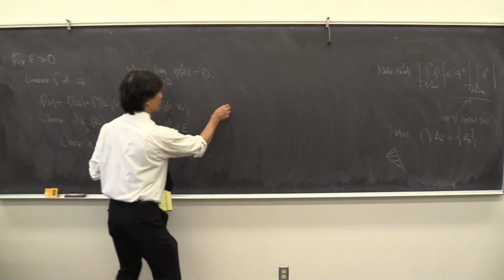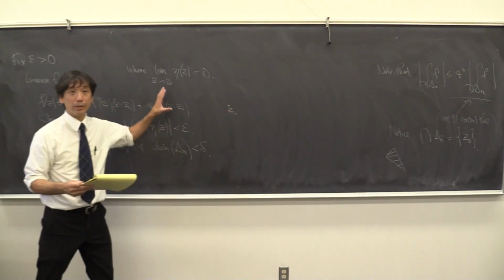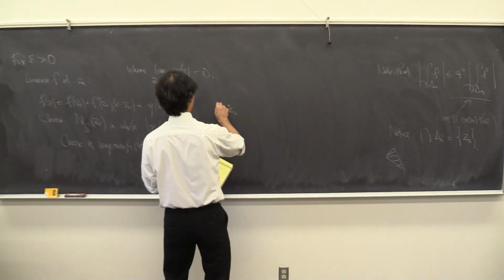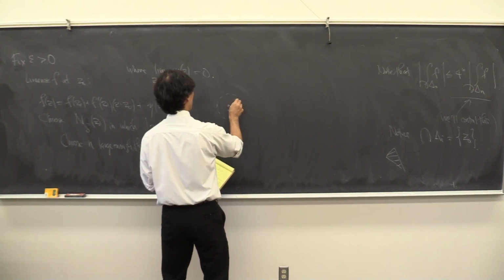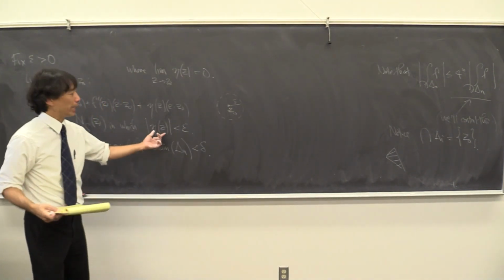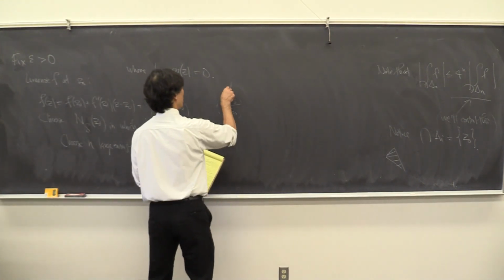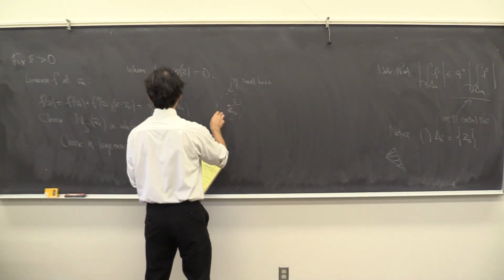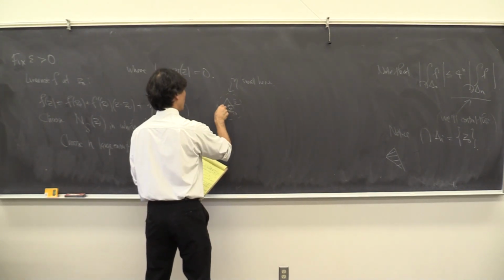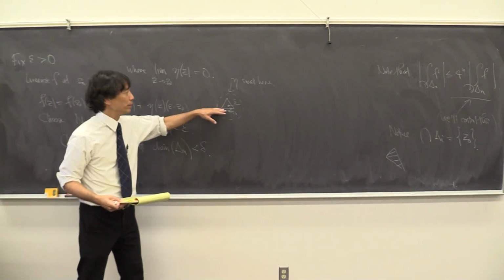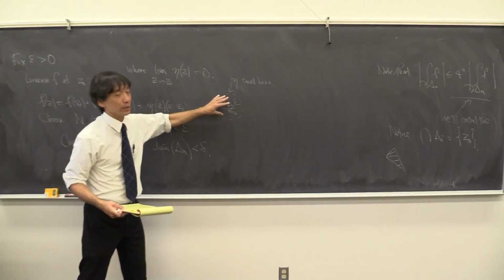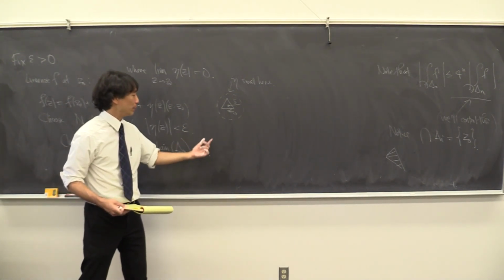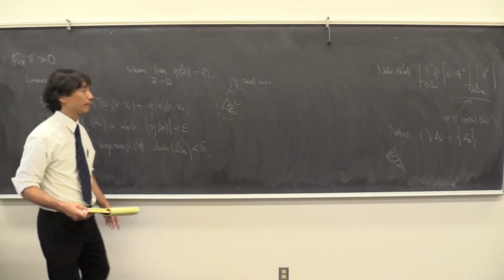Z0 is the point that you get by intersecting all the triangles, and we have this delta neighborhood in which eta is small. We go down far enough along the list of triangles that we find a triangle that lies entirely inside this disk, so just choose it so that its diameter is smaller than delta.